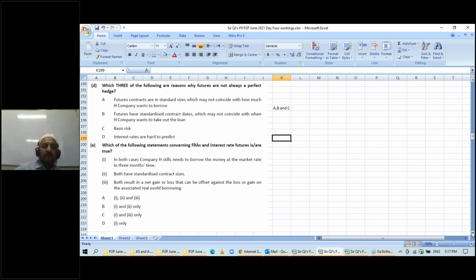Which of the following statements concerning FRAs and interest rate futures are true? This is regarding both FRAs and interest rate futures. So in both cases, company H still needs to borrow the money at the market rate in 3 months' time.